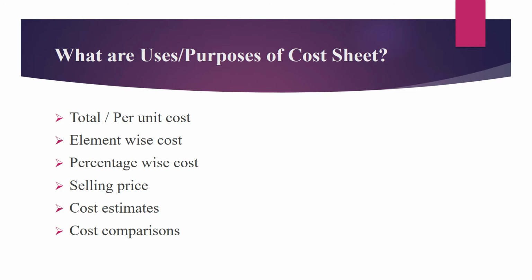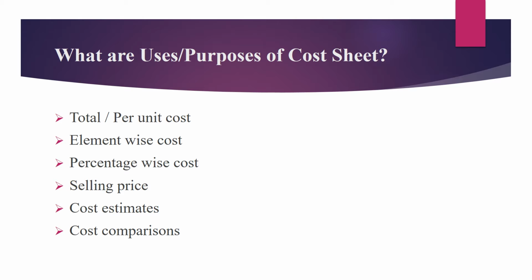We calculate percentage of each stage of the production cycle with the total cost of the product. Selling price. Now, why do we say selling price? Since we identify cost price of a product, it is very easy to identify the margin on it and ultimately decide upon the selling price.